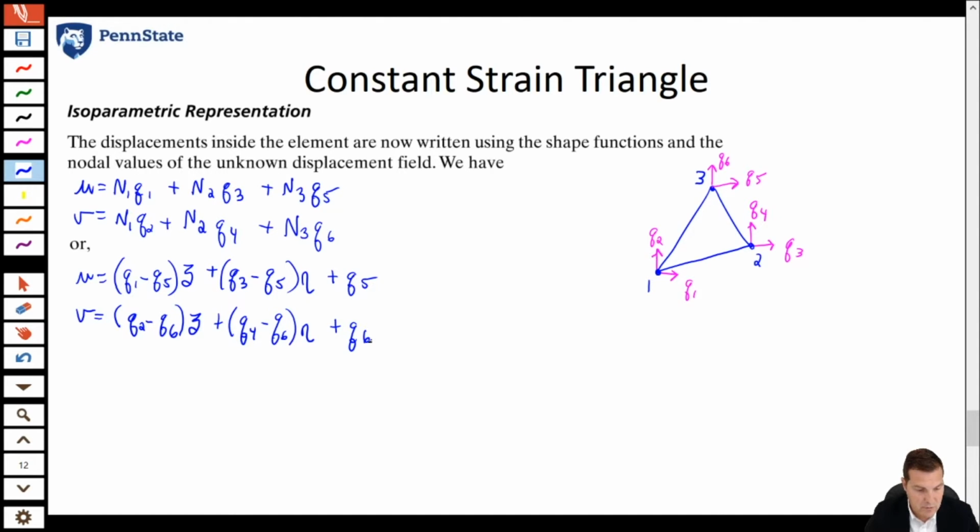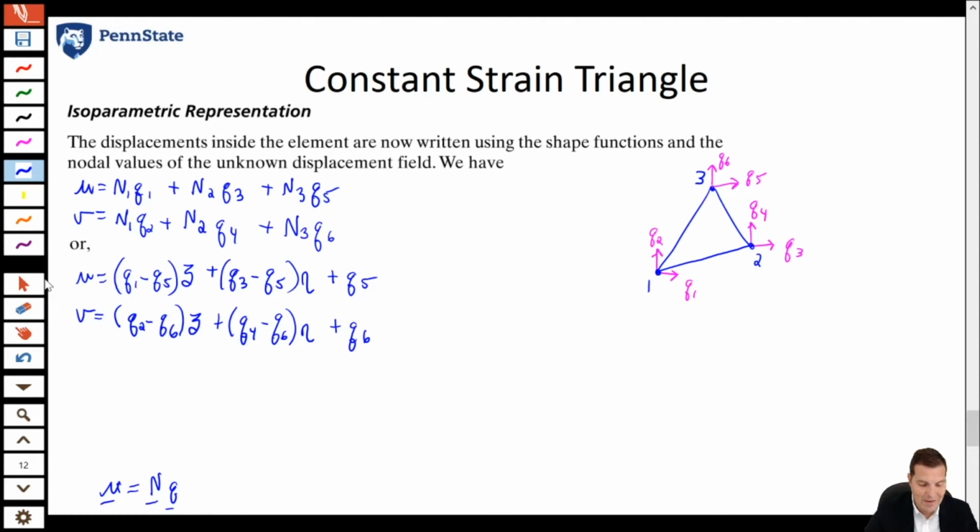And then what we can actually do is simplify. Remember the term that we really want to get for this finite element program, like what we did in 1D, where we had U is equal to NQ, right? So that's what we had in 1D. If we want to do that here, we need to pull our shape functions out.